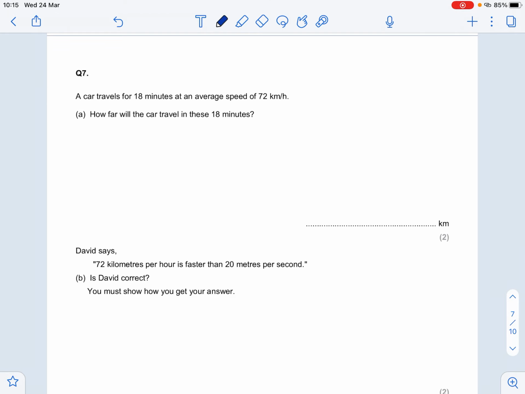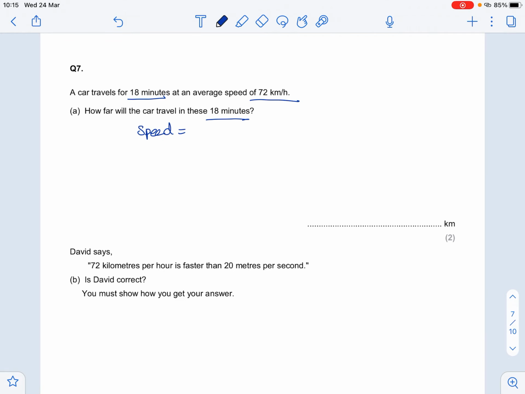So question 7. A car travels 18 minutes at an average speed of 72 kilometers per hour. How far will the car travel in those 18 minutes? So speed equals distance over time.